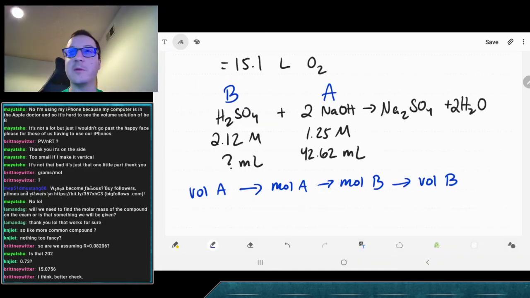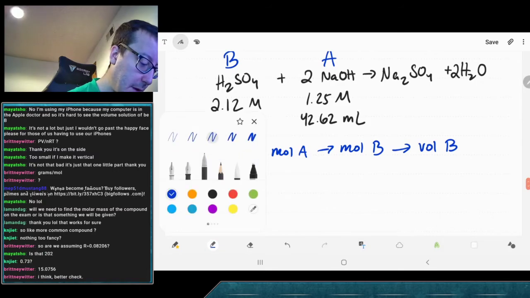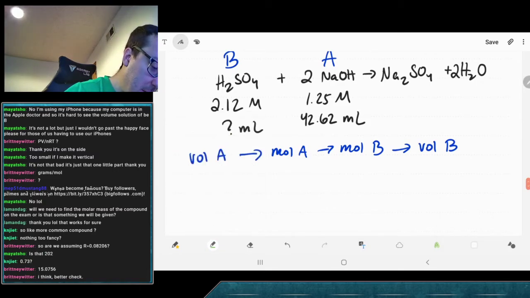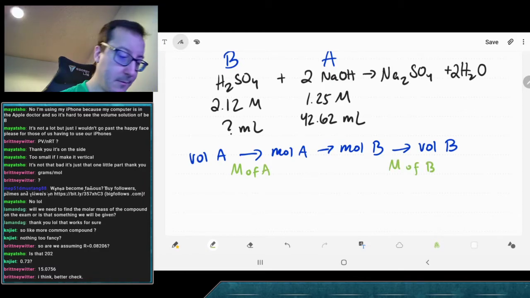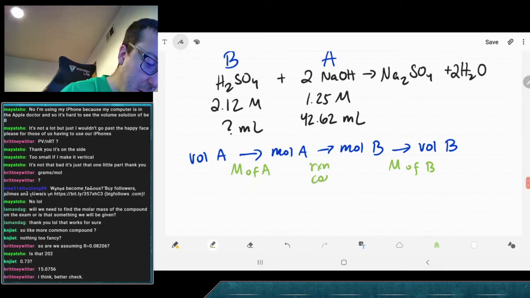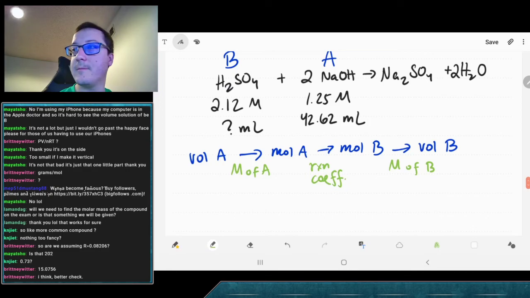Well, I've already written A and B up here, so we're okay. We know which one's which. So this was the molarity of A, the molarity of B, and of course this is our reaction coefficient.